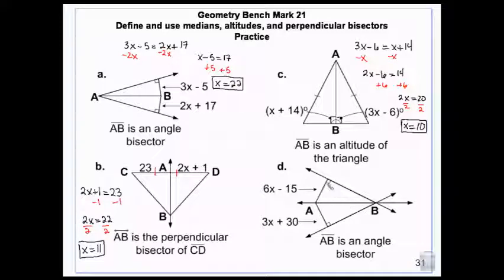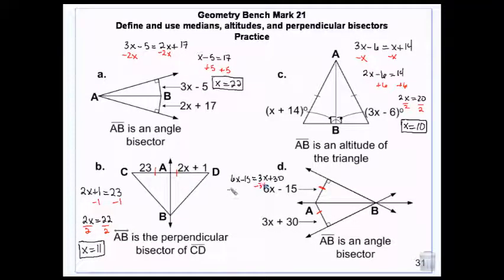And the last one, again, we have another angle bisector, and bisectors tell me that these two are the same length. Did you guys see the pattern yet? Set those equal to each other.